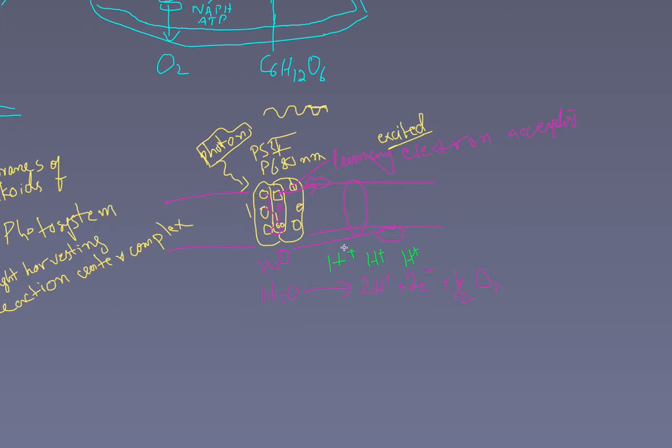These hydrogen ions transfer from this part of the membrane to another part. How is it happening? As the electrons go from one complex to another, the electron gives its energy away to these complexes, and these complexes use that energy to move hydrogen protons from one part of the membrane to another. As they do that, it creates a gradient.